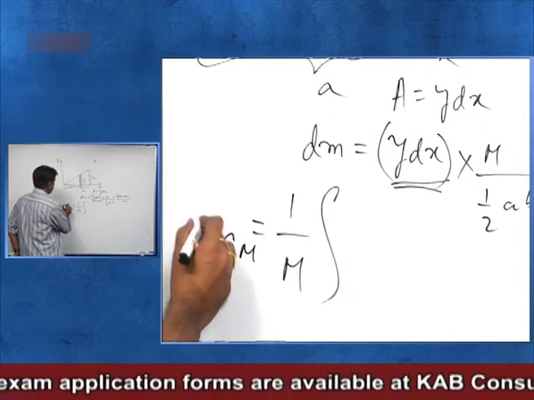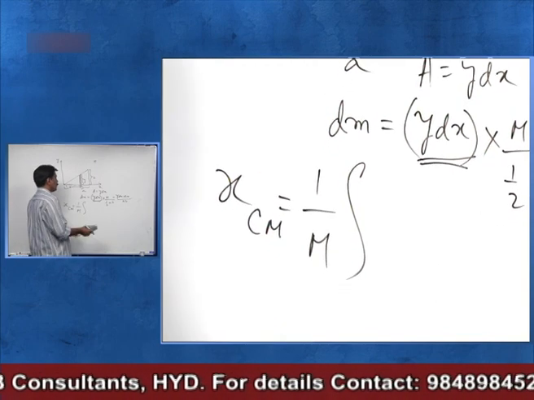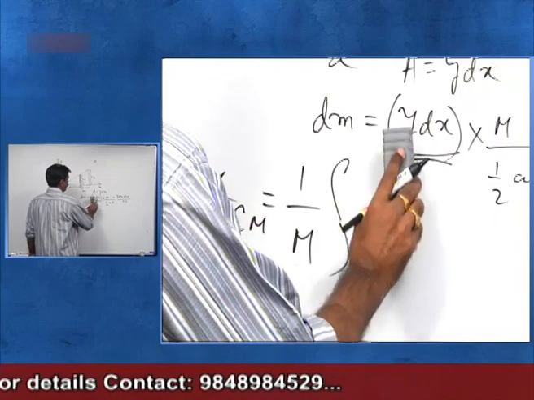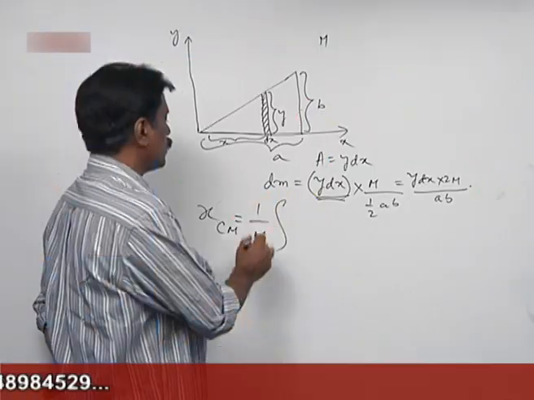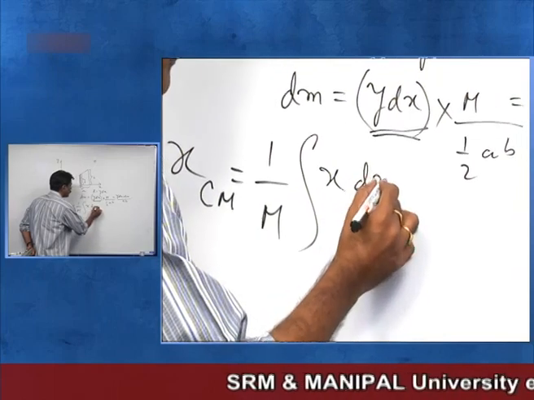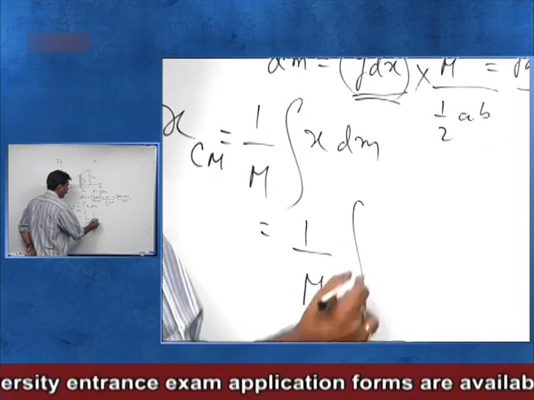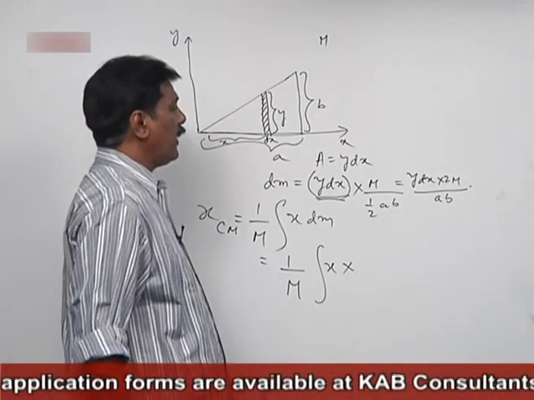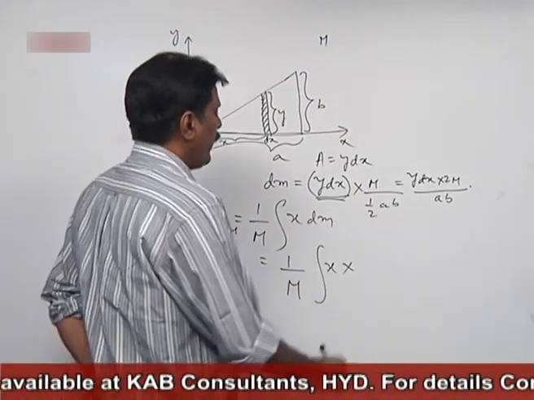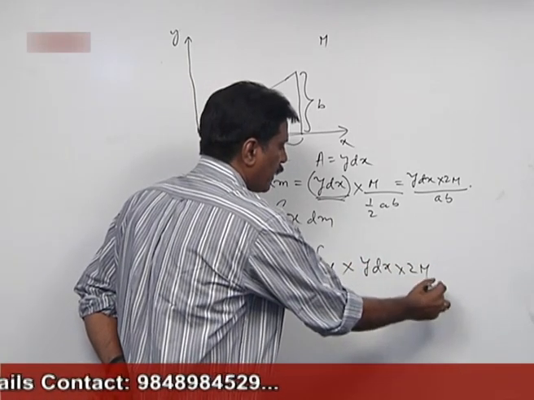Afterwards we will see what the y coordinate would be. xcm will be equal to 1 by M into integral x dm. This is equal to 1 by M integral x into dm, where dm is y dx into 2M by AB.